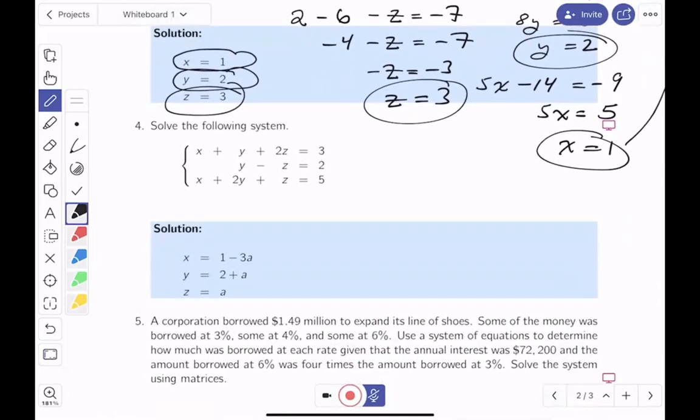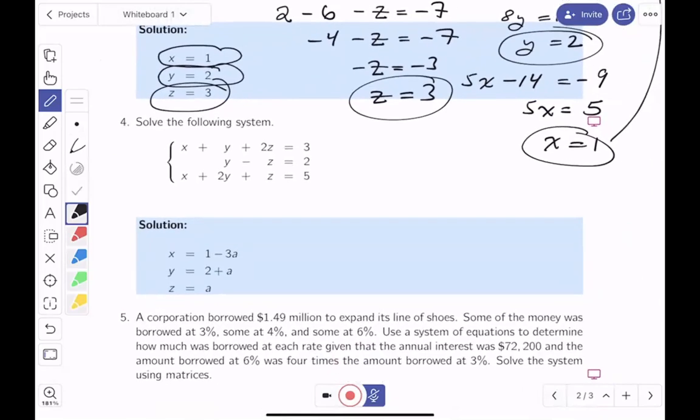Again, we're just trying to learn how to do this. I do want to point out the next one is a little more complicated, but let's take a look at it. I'm going to put the augmented matrix down for you.